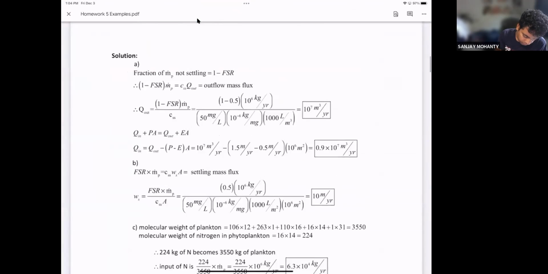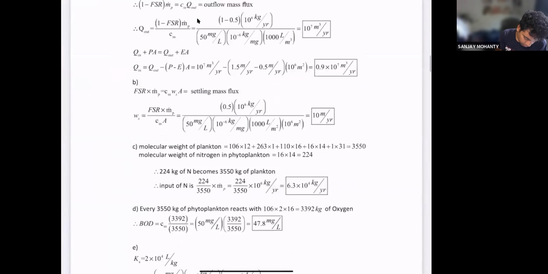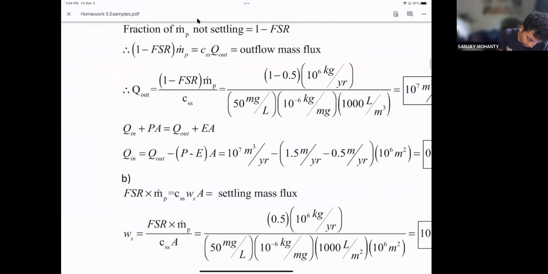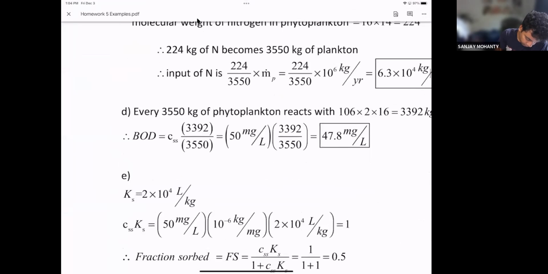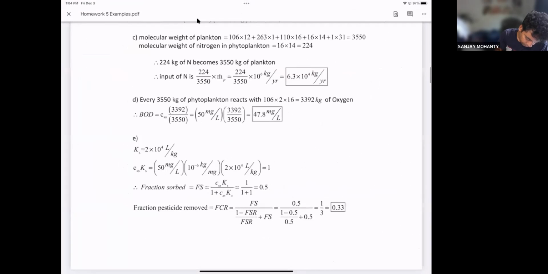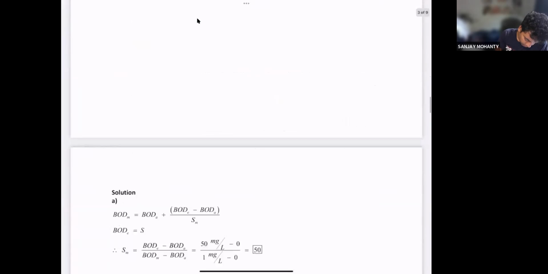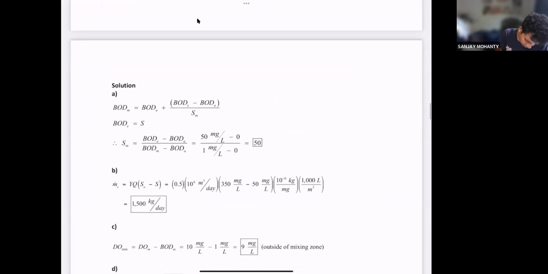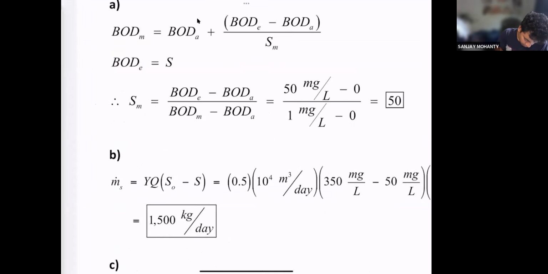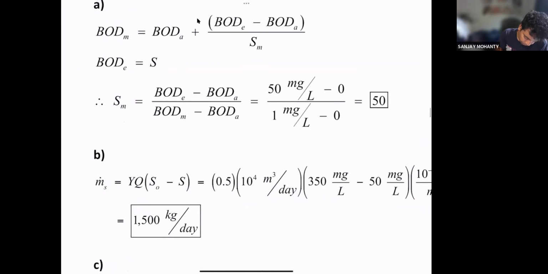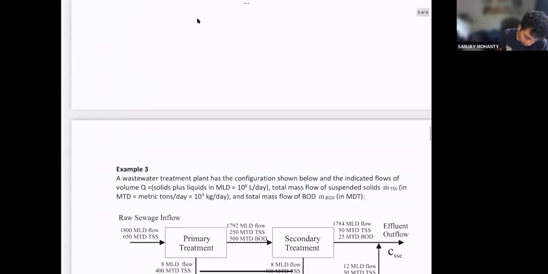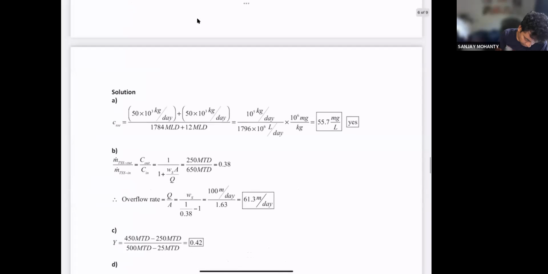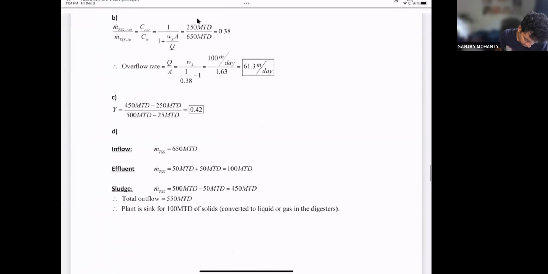In these documents, we have written all the mass balance equations. For instance, this is a mass balance equation, and this is another. This one we actually use. Then another mass balance equation is here.